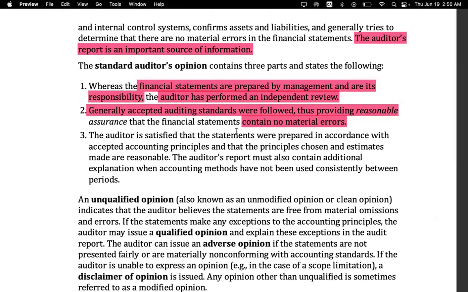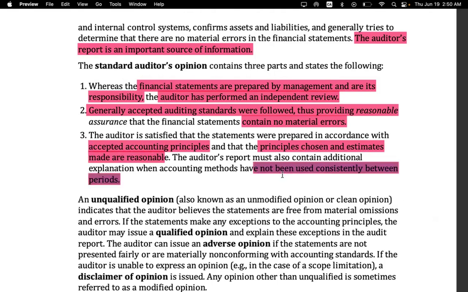Auditor is satisfied that the statements were prepared in accordance with accepted accounting principles and principles chosen and estimates are reasonable. Auditor's report must also contain additional explanation when accounting methods have not been used consistently between periods. So number one is auditor has performed an independent review.